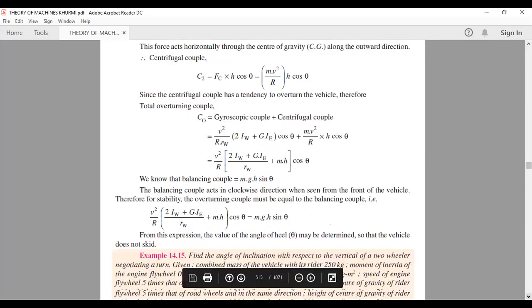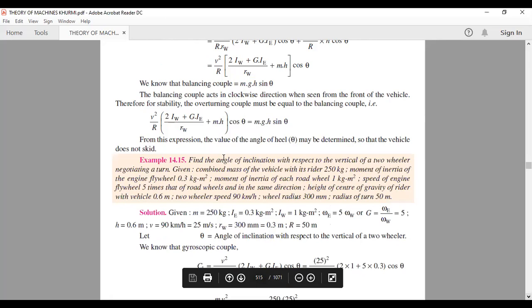So theta has been determined from this expression. The overturning couple has been equated with the balancing couple. The balancing couple formula is mgh sin theta. So when we equate these equations, we get the value of theta.